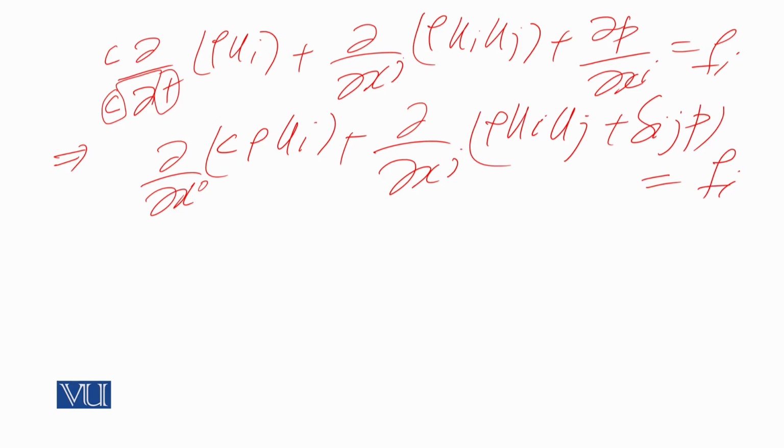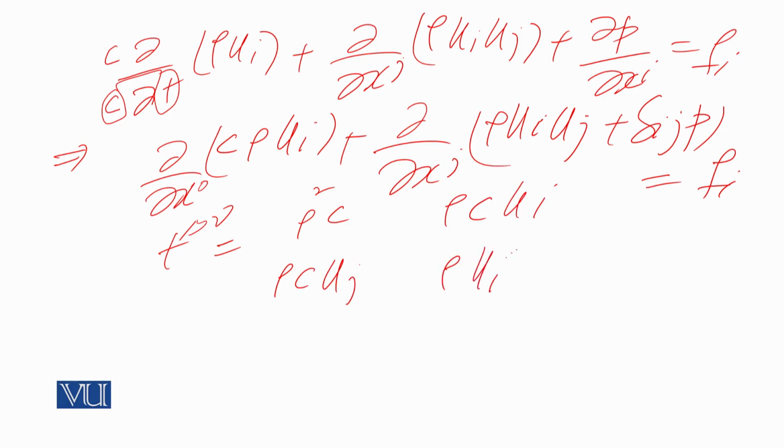Obviously, delta_ij is the canonical delta, which has the value 1 if i equals j and 0 if i is not equal to j. From here, we can write down the value of T^{mu nu}. This is just a notation. It is rho c squared, rho c u_j, rho c u_i, rho u_i u_j plus delta_ij p.